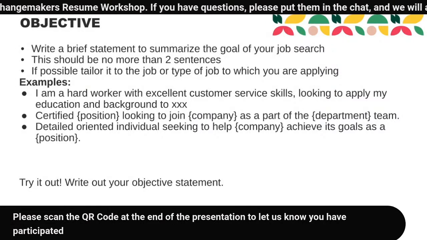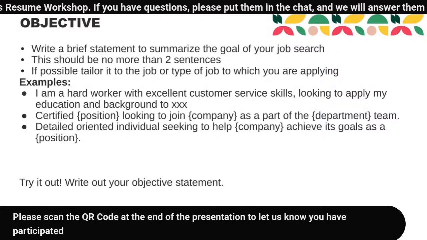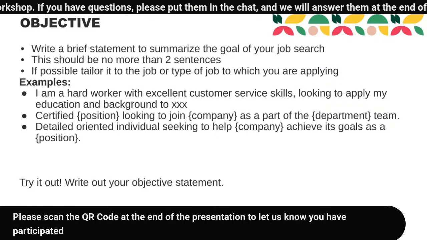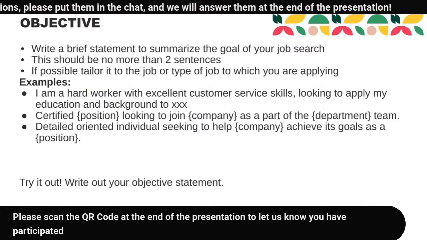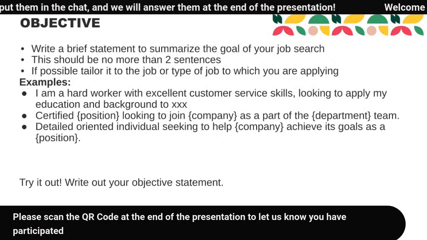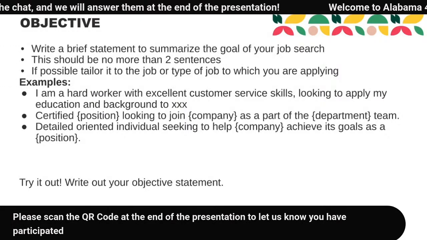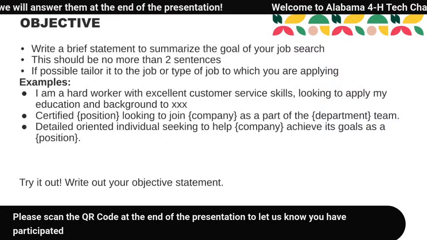So what you can do now, if you have a sheet of paper next to you, is write out an objective for yourself, or you can put something in the chat for us to see what you've come up with.